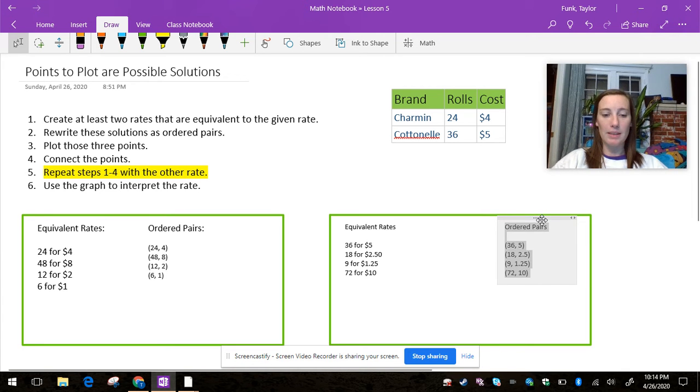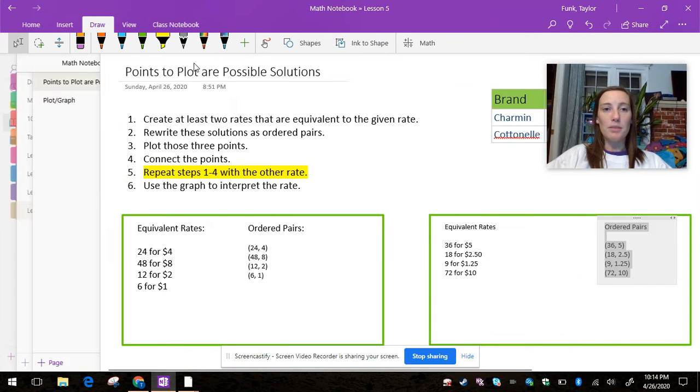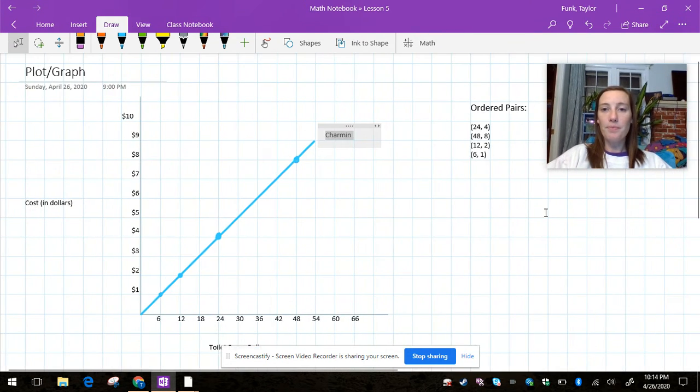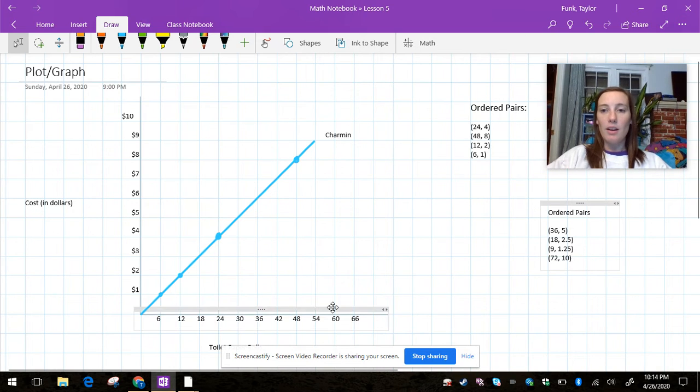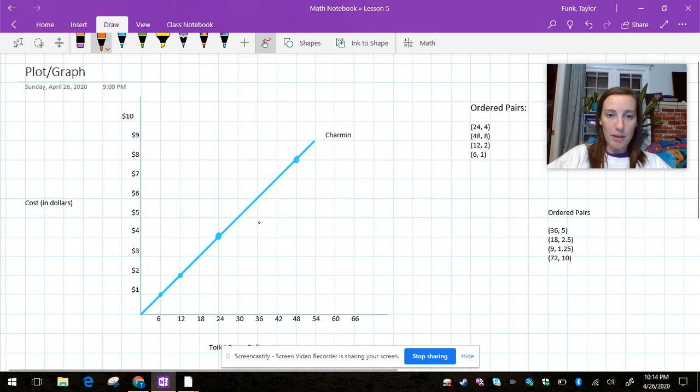I'm going to copy and paste this over to my other page. All right, and I'm going to choose a different color this time. So 36, 5 would be right here.